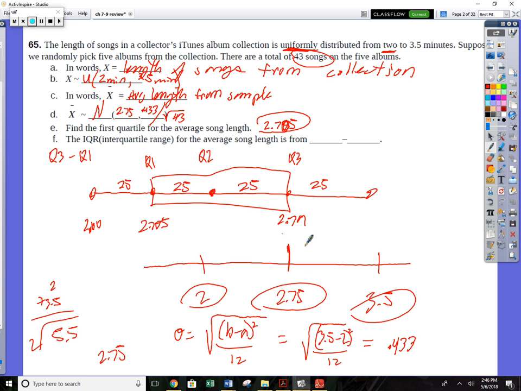I think we are in good shape, because the middle is 2.75. So 2 minutes, 2.705, 2.79, and the middle is going to be 2.75ish, so we're okay. Now I'm going to take quartile 3, subtract quartile 1, and we should end up with 0.09. Okay, that's a good problem.